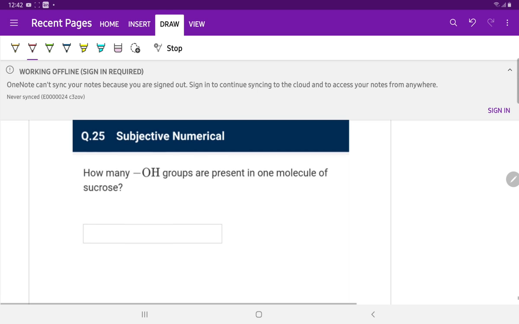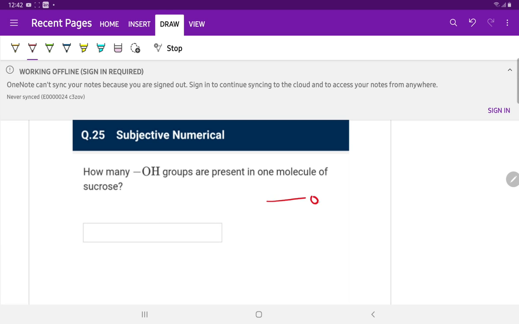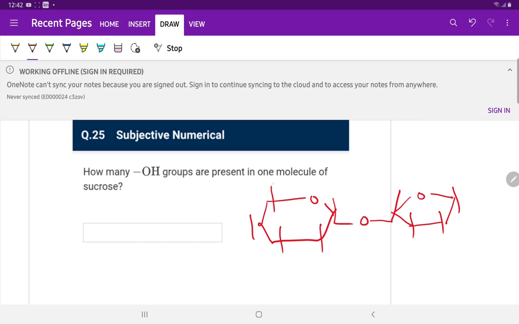Question number 25. How many OH groups are present in one molecule of sucrose? The structure of sucrose is this, with CH2OH and OH.